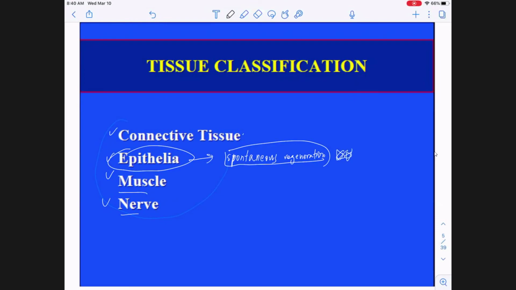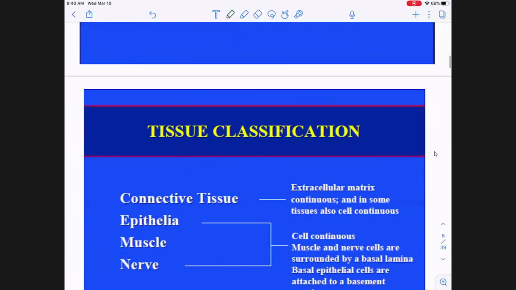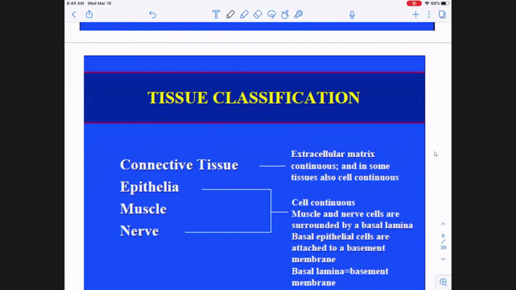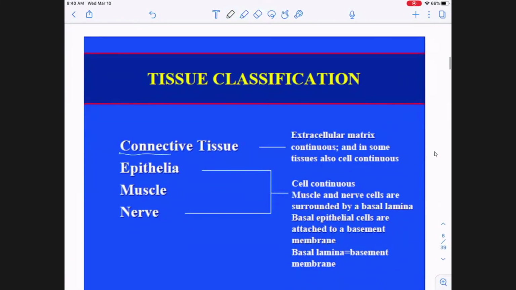We will go one by one to introduce the tissue classification. Connective tissue generates ECM, the extracellular matrix, which is continuous, while epithelial tissue is cell continuous.